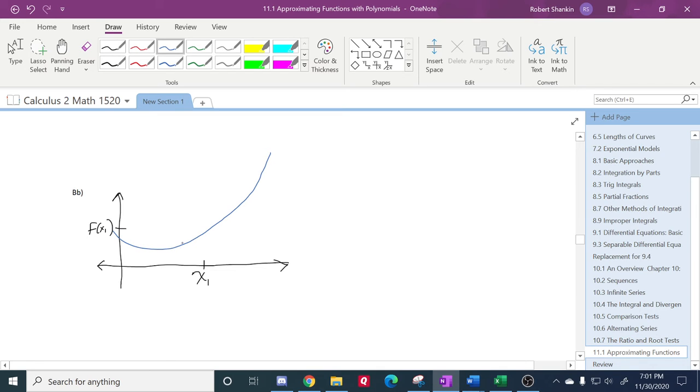Okay, now into the future, we don't know what it is, so once again, we have x1 plus delta x there, and what's going to happen is the real function may well go like this.